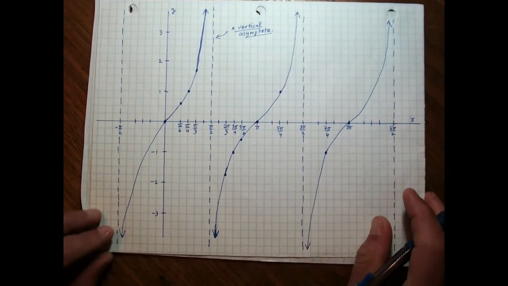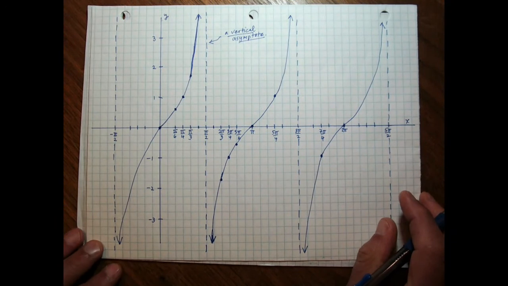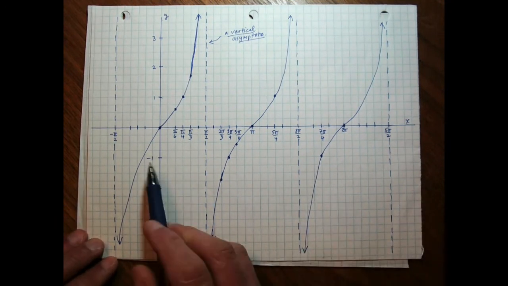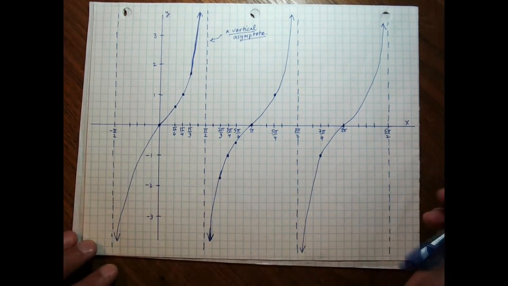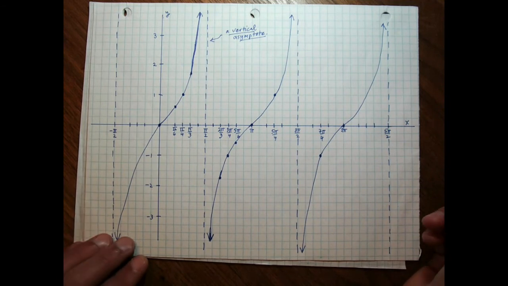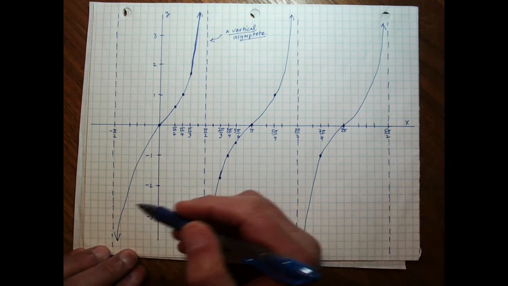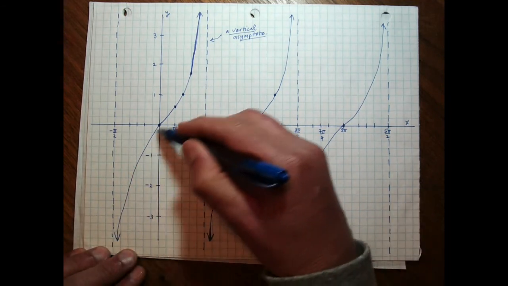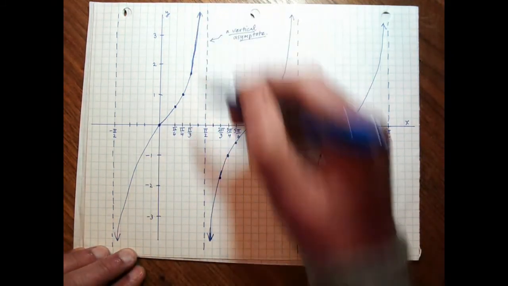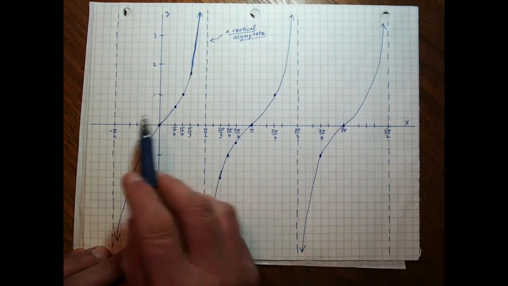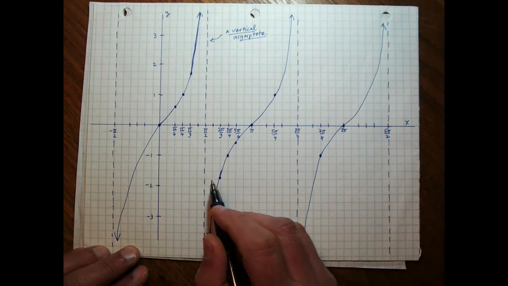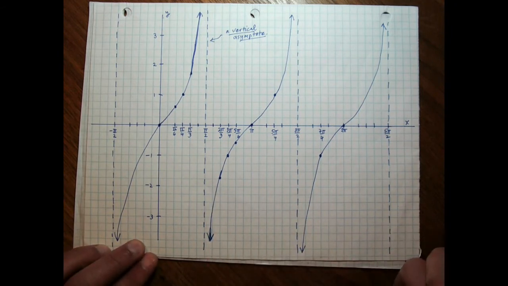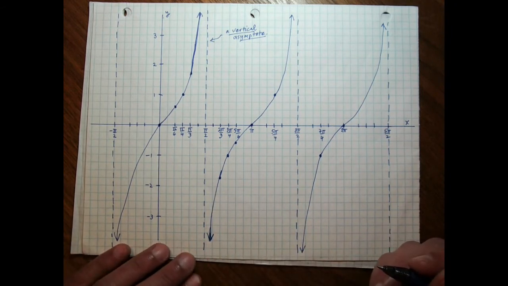So here is a portion of the graph of tangent. I can't draw it all because it extends infinitely in each direction. It's going to be copies of this sort of wavy pattern that get repeated over and over again, separated by these vertical asymptotes.